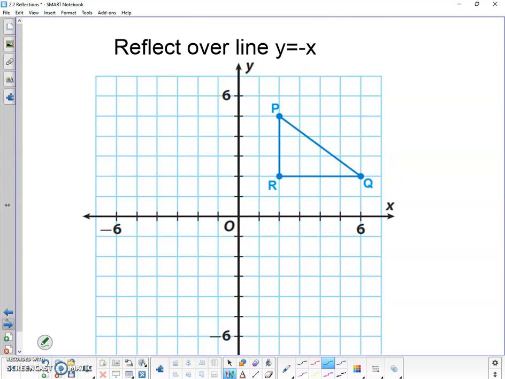All right, now if we're reflecting over the line y equals negative x, this time we've got a line going the opposite way.